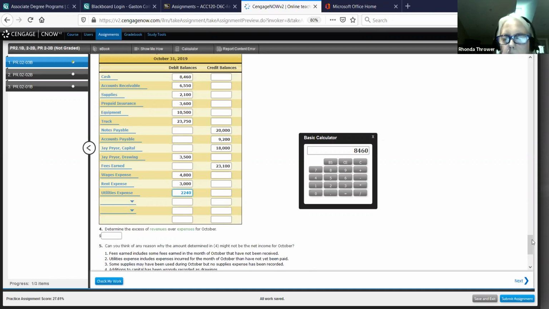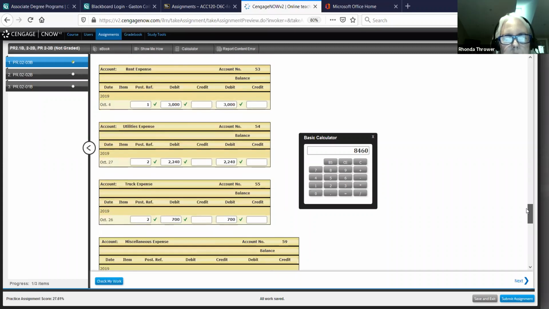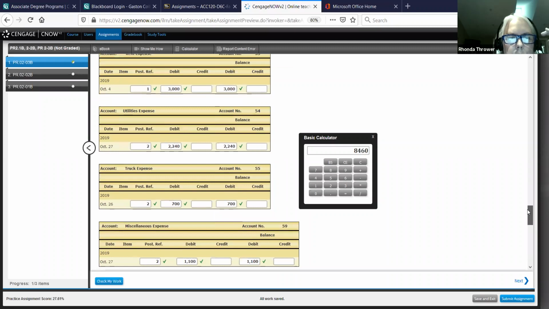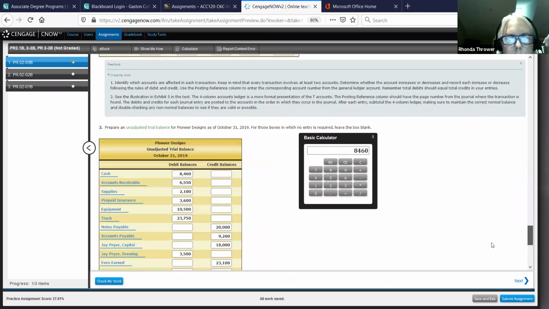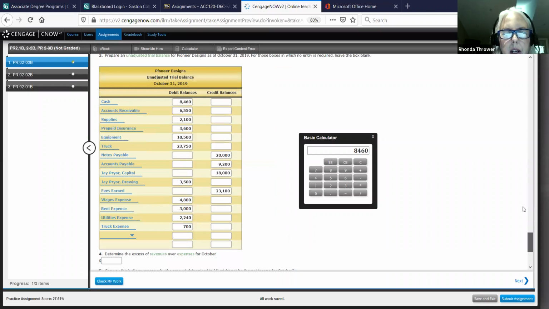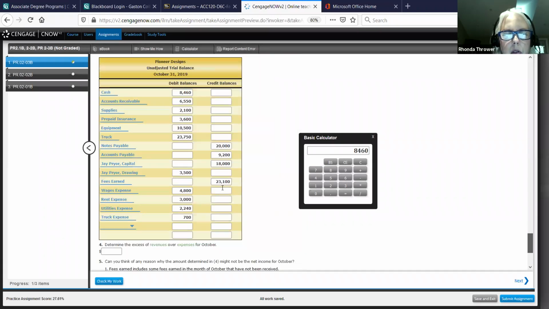And your next account is truck expense for $700. Your next account is miscellaneous expense at $1,100.